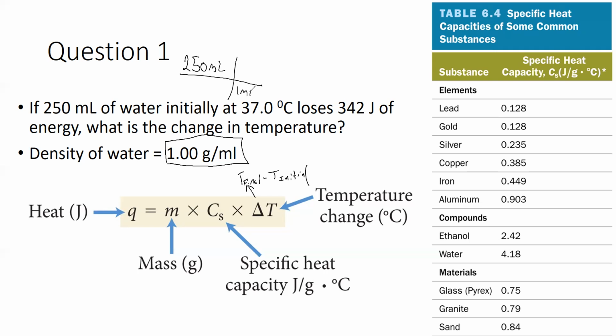For every 1 milliliter I have, that's 1 gram. So for water, it's easy. Since it's 1-to-1, 250 milliliters is 250 grams. Other liquids have densities that aren't 1-to-1, like 1 gram per 1 milliliter, but water is. So it's a simple calculation for us.